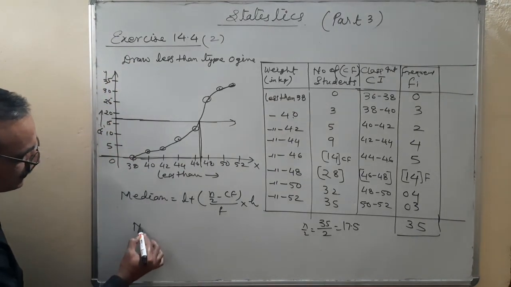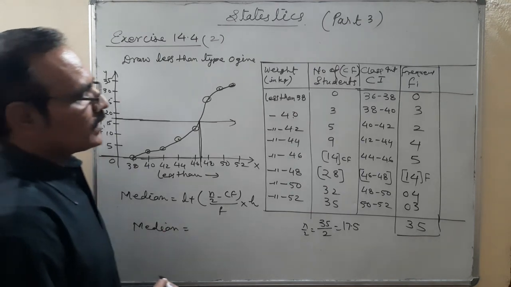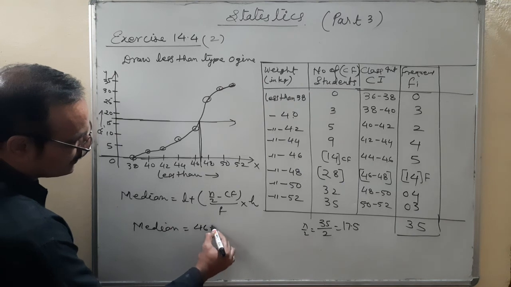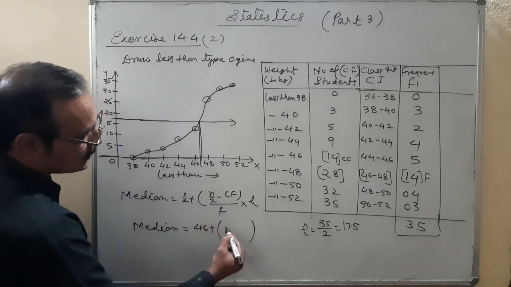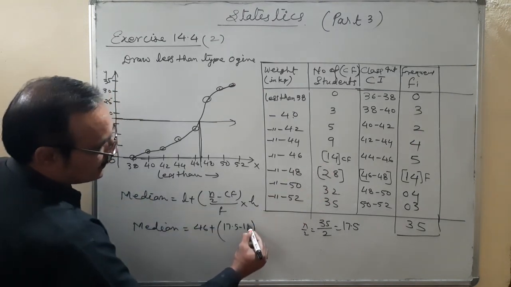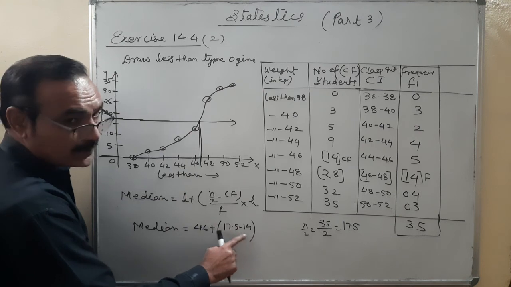Median is equal to L, the lower limit of the median class, that is 46, plus n by 2, 17.5, minus CF, 14. And remember one thing: always in n by 2 minus CF, n by 2 is greater than CF.